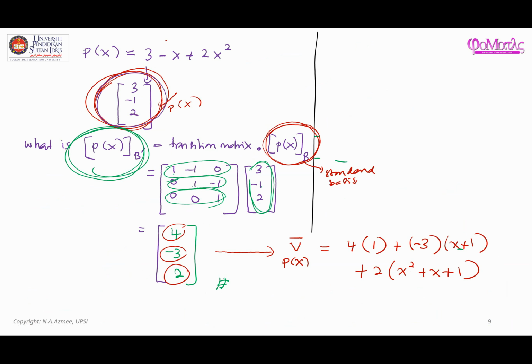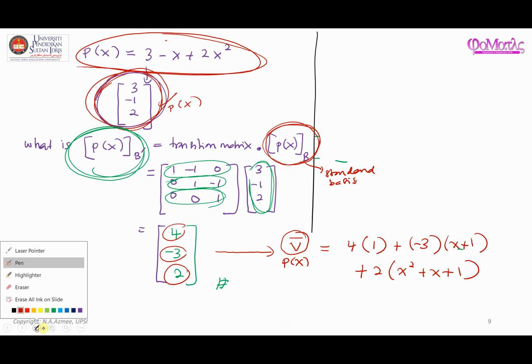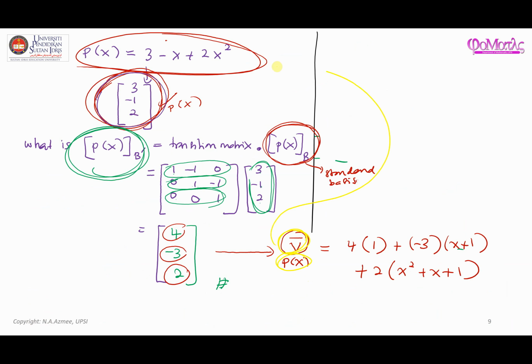Okay, so that is x squared plus x plus 1. That is the meaning. And what is v or px here? This guy here is just 3 minus x plus 2x squared, the vector px. Okay, and you can try and simplify that. So you will get 4 minus 3x minus 3 plus 2x squared, 2x plus 2.